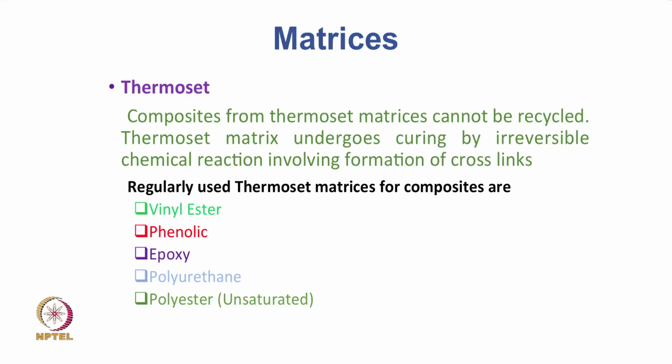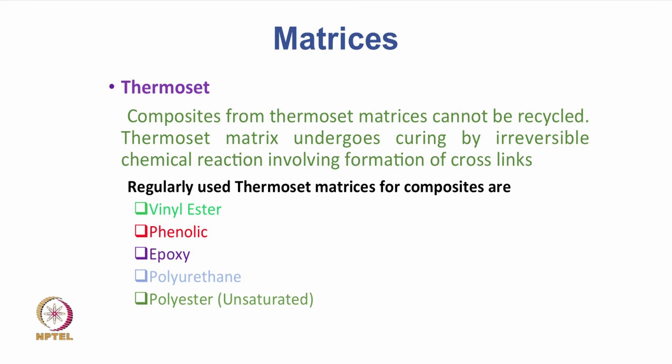So, what we have discussed till now is the reinforcing component. Now, we will discuss the matrix phase. The polymer matrix we are talking about is divided broadly into two categories, as I have already mentioned.